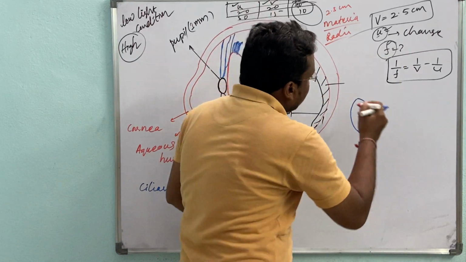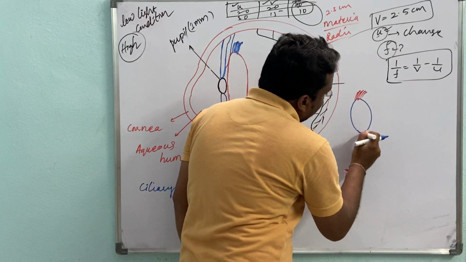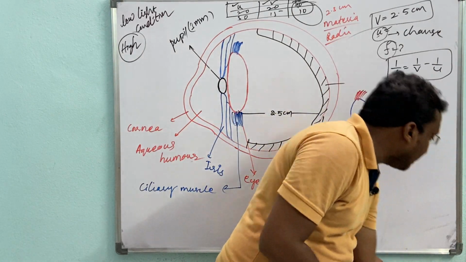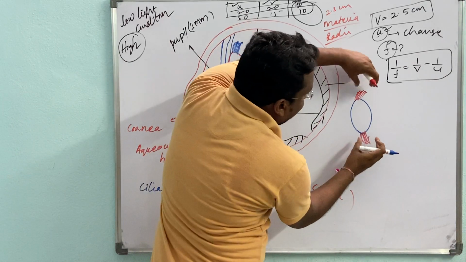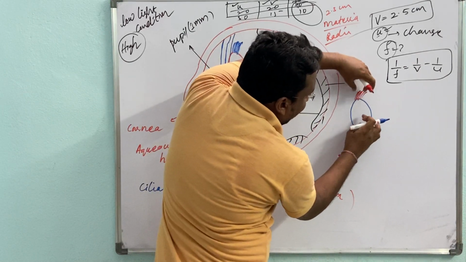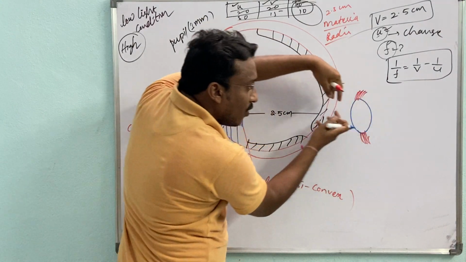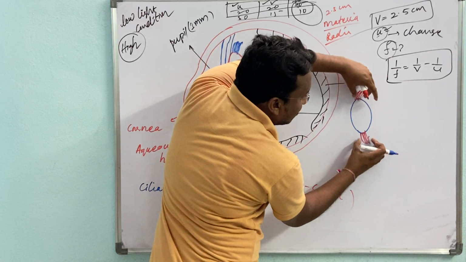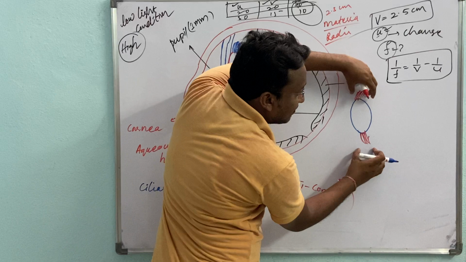See here, the ciliary muscle is attached to our lens. If our eye is focused on far objects, the ciliary muscle pulls the lens in these directions.